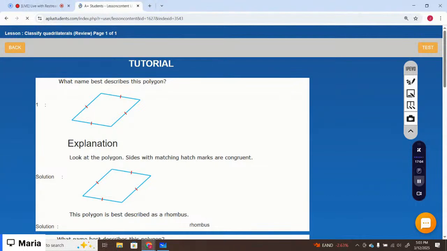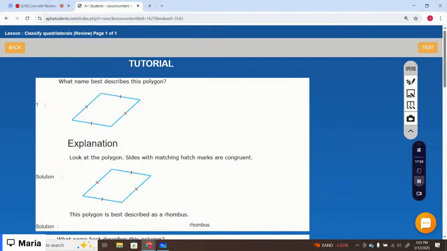What name best describes this polygon? That is the rhombus. Sides with matching hatch marks are congruent. The polygon is best described as a rhombus.